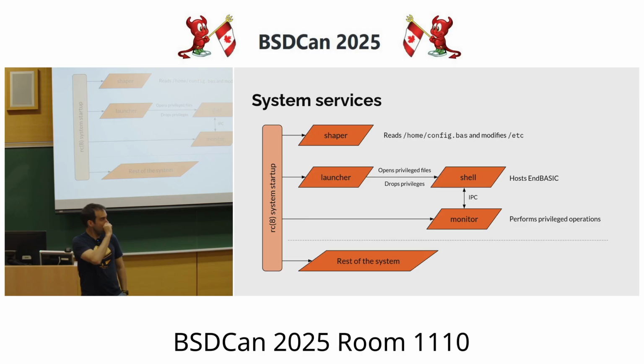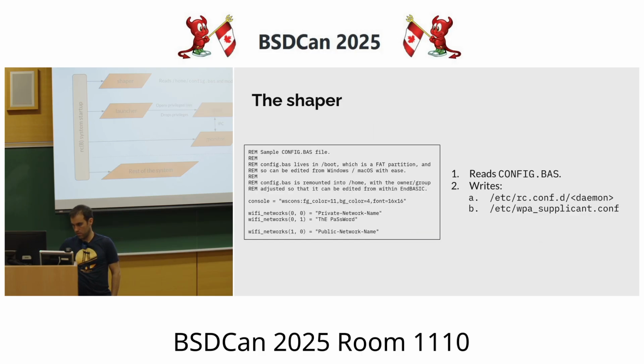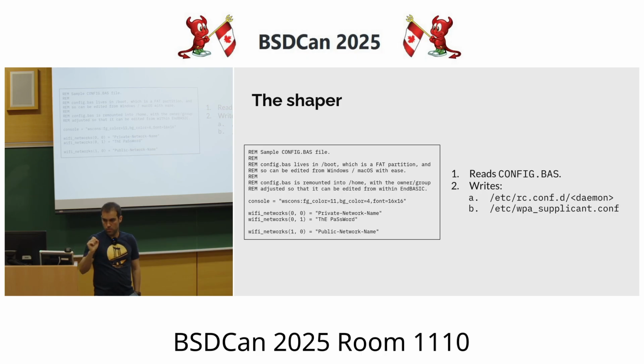So let's look into the individual components a little bit to see more or less how they work. Again, the shaper: the whole purpose of this thing is to start, read the configuration file that lives in the boot partition, and modify the system to make those changes take effect. On the left, you can see an example of the configuration file.